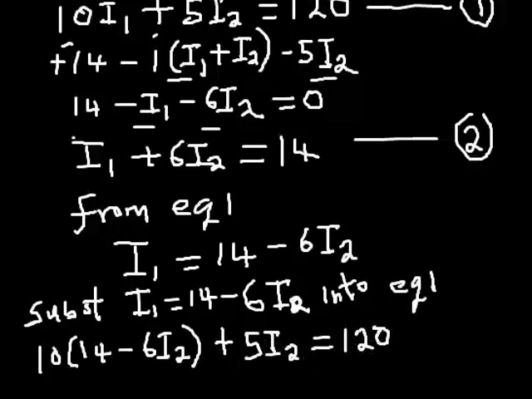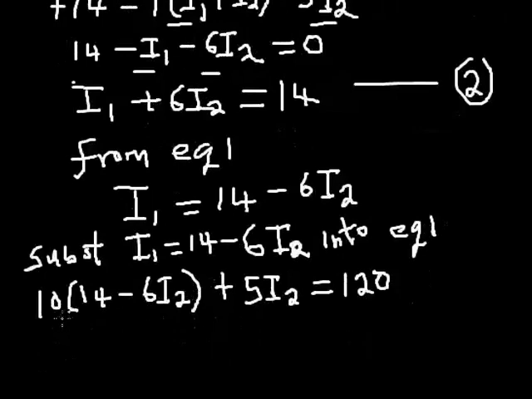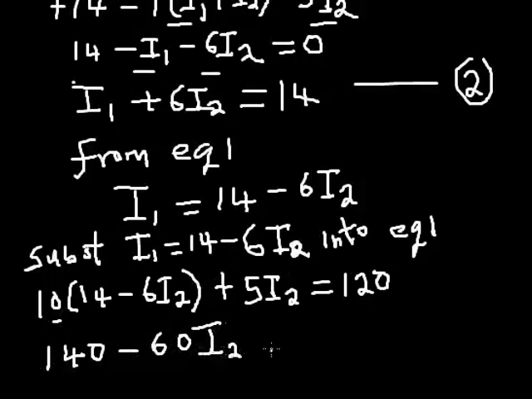So let's work on this. This is going to give me 10 multiplied by 14, that's 140, then minus 60I2, plus 5I2 is equal to 120.